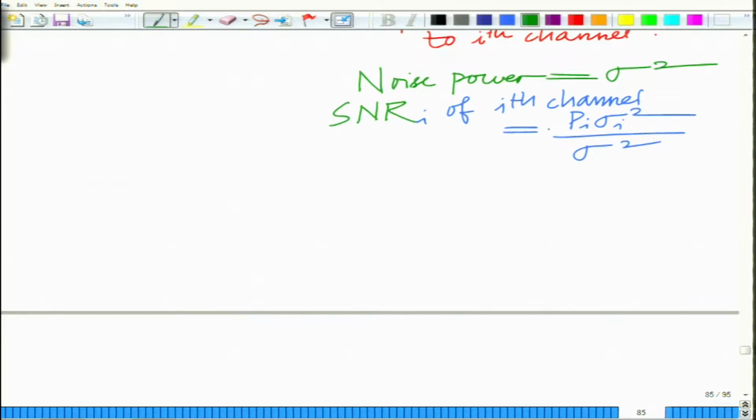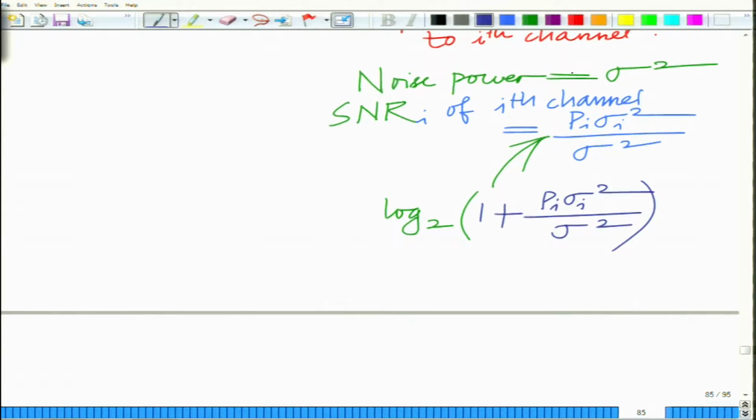The maximum rate of the ith channel is log to the base 2 of 1 plus Pi sigma i square divided by sigma square. So the optimization and the sum rate will be the sum across all the T parallel channels. This is the sum rate of the system.